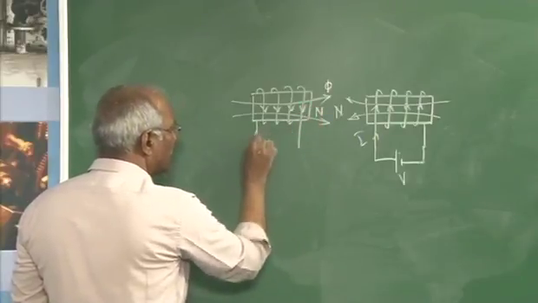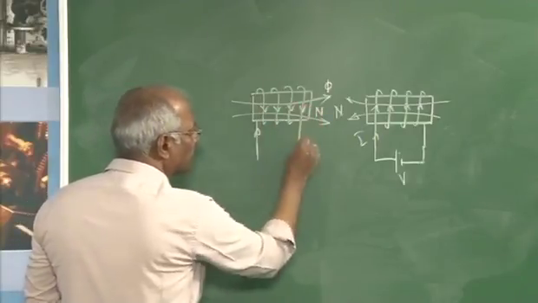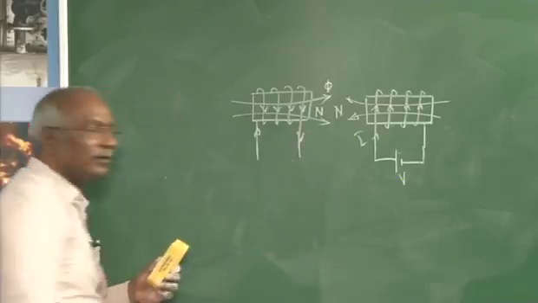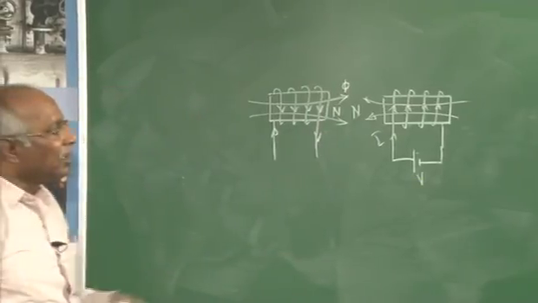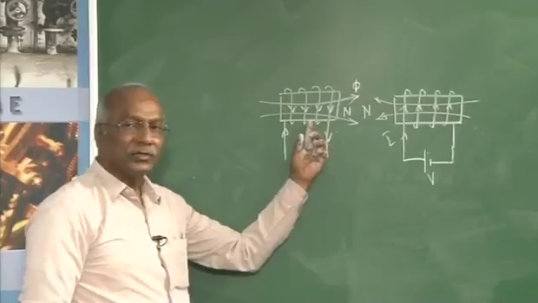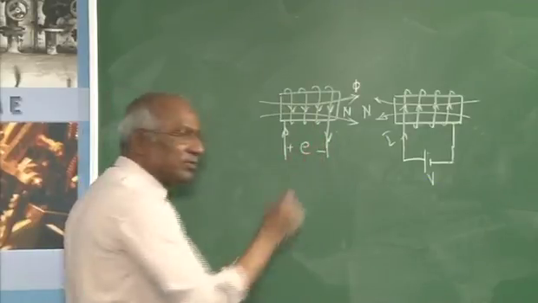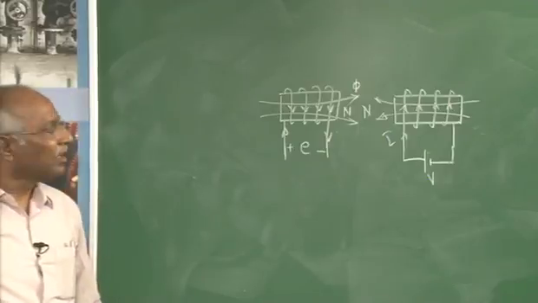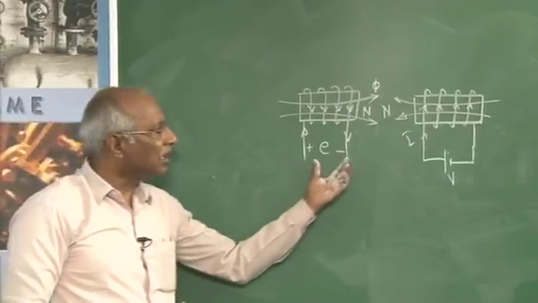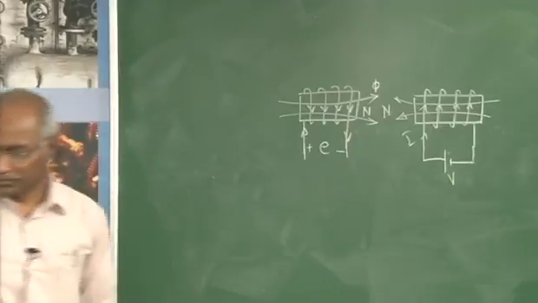Here you can see the current enters here, comes this way and comes out here. Now this is acting as a source, therefore this must be positive polarity and this must be negative polarity. So this is how Lenz's law can be explained.